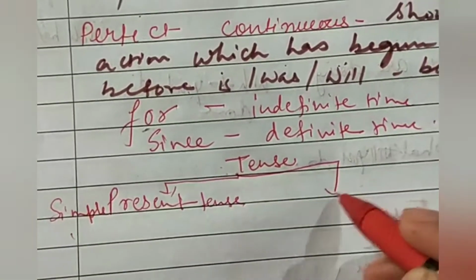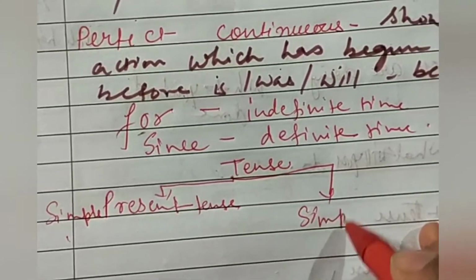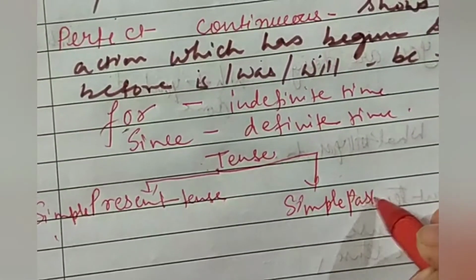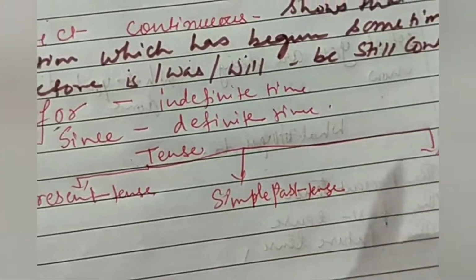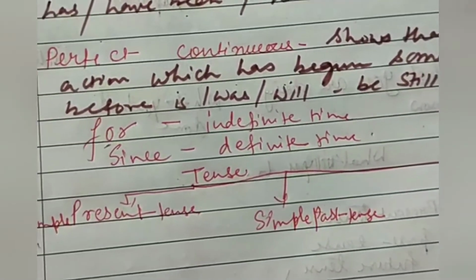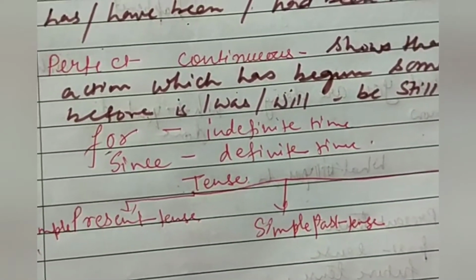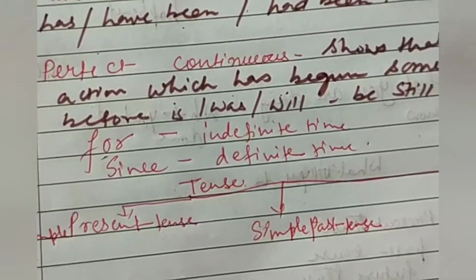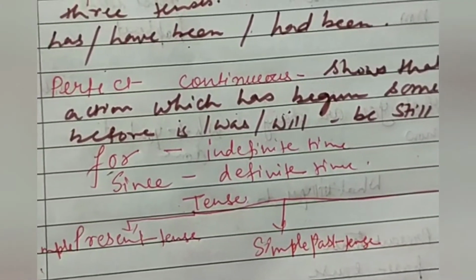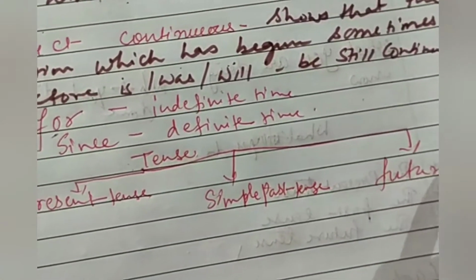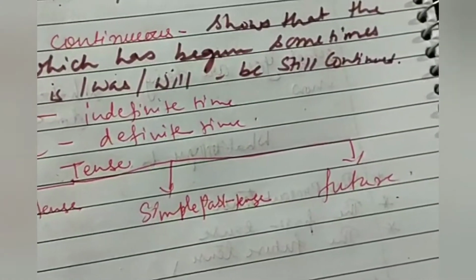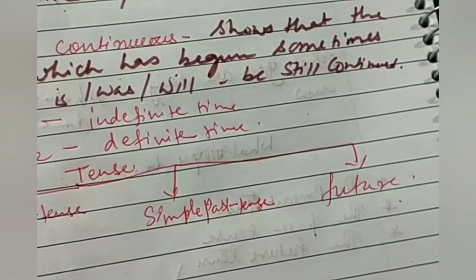Again in past tense: simple past tense, past continuous, past perfect tense and past perfect continuous tense. Again in future, so like this there are 12 tenses.